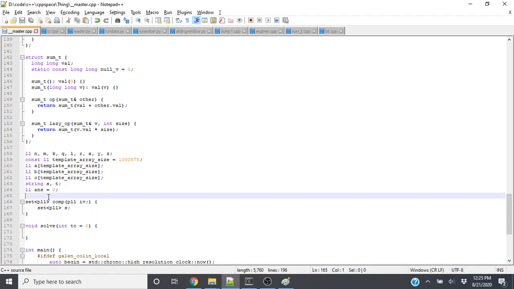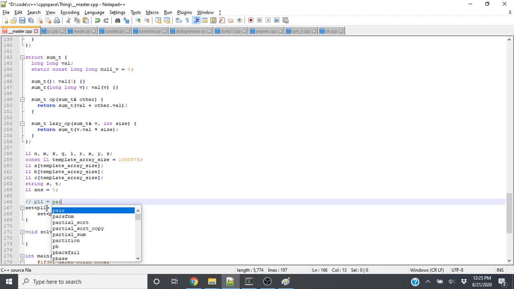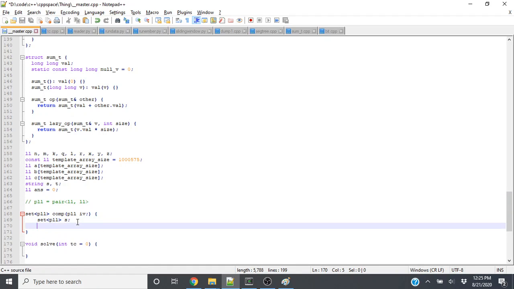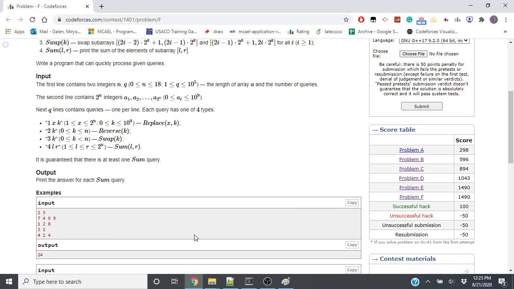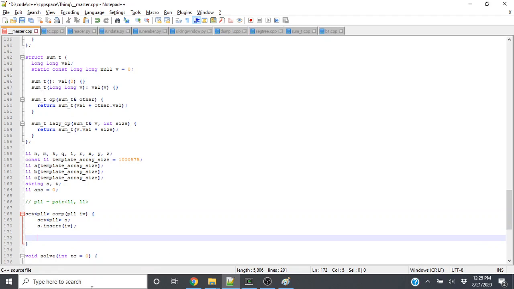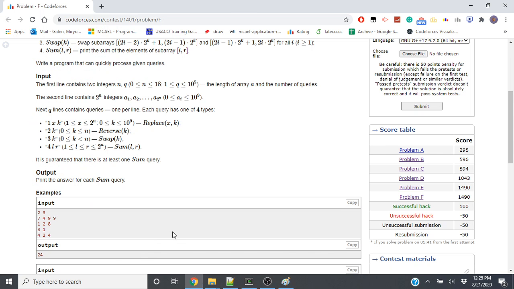We're going to use PLL because I don't have much time. We're going to stick with the template, I guess. Insert IV. We'll normally not use templates, but since I have 10 minutes left, we kind of have to clutch this. I don't even know what to implement. That's also a problem.